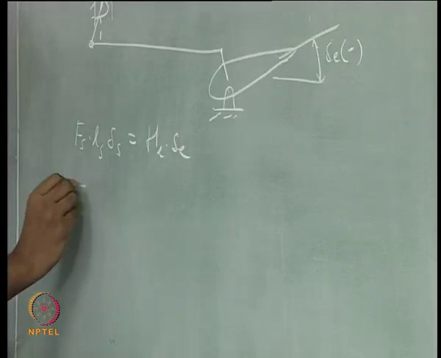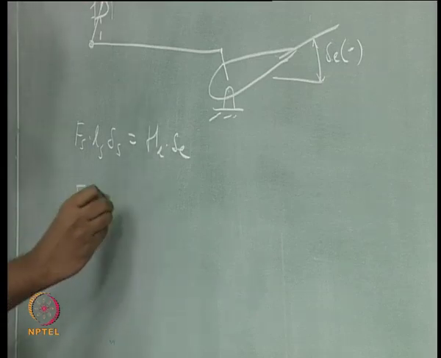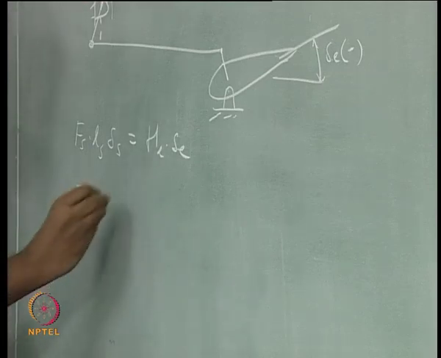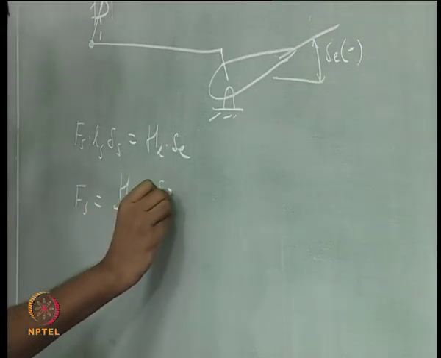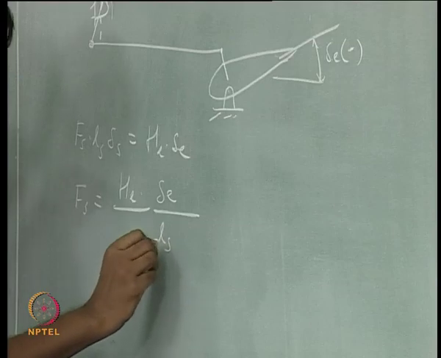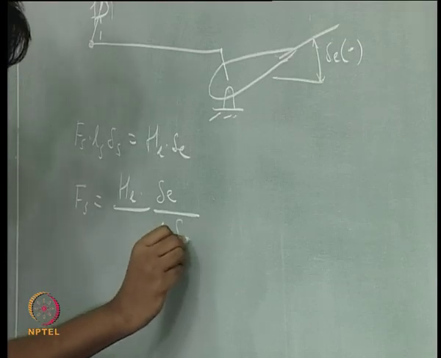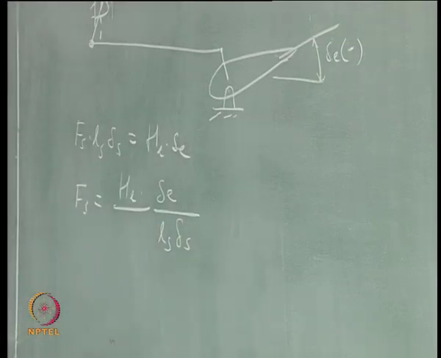So, what is F_s? F_s is H_E into delta E over L_s delta S, right.